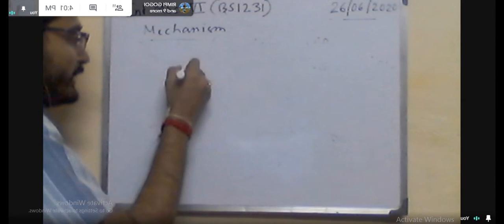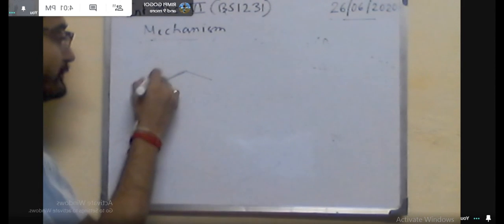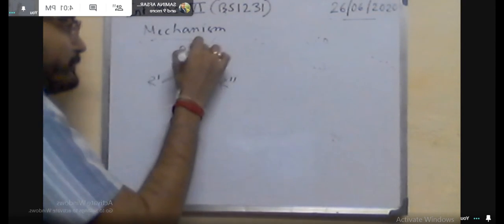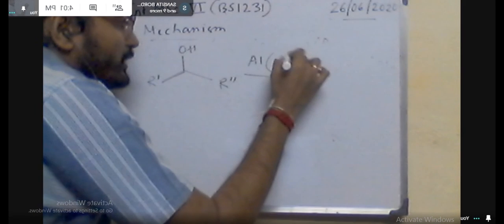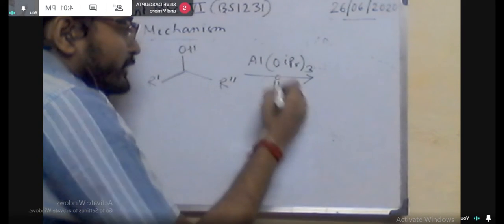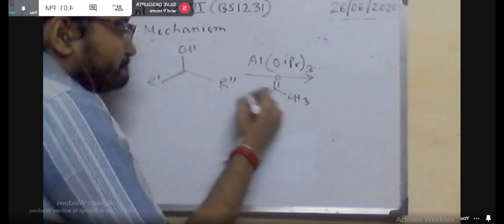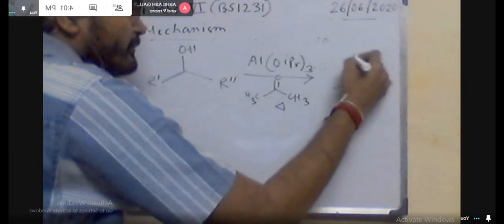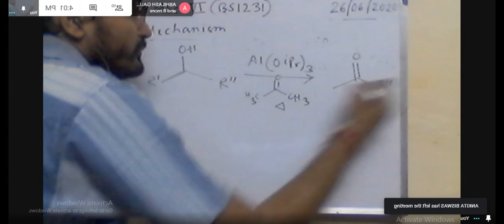So in the Oppenauer oxidation, from this alcohol to ketone, and in the MPV reduction this ketone is reduced to the corresponding alcohol, and here from ketone to alcohol, and the isopropanol will be oxidized to its corresponding ketone, that means to the acetone. Okay, so that is the Oppenauer oxidation and its mechanism.